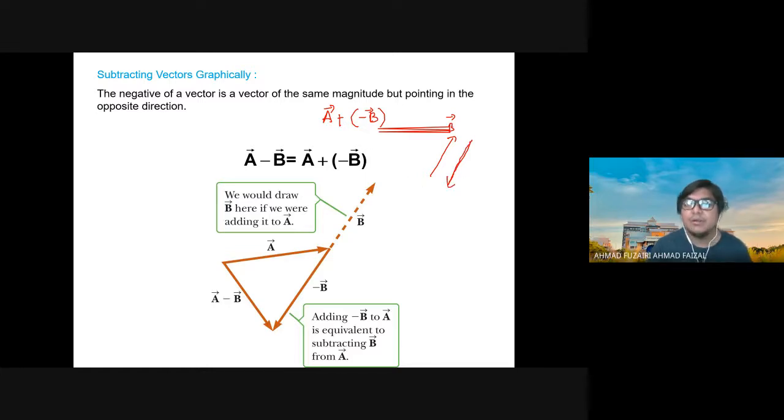That is what is meant by negative B. It's as simple as that lah. Semua orang takut dengan vektor kan, but benda ni simple je. A plus negative B, when you do the calculations, you will get A minus B. Simple.